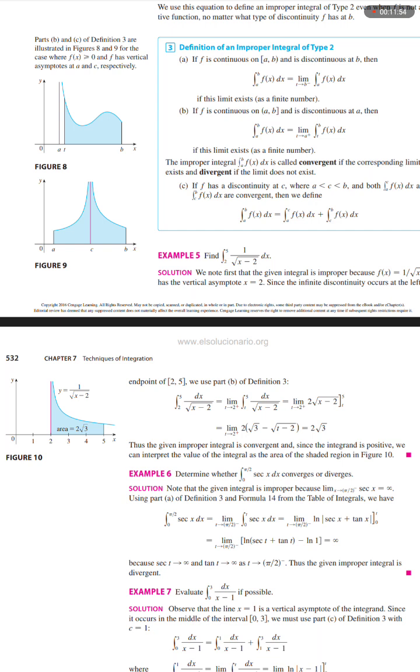Thus the given improper integral is convergent, and since the integrand is positive, we can interpret the value of the integral as the area of the shaded region in figure 10. Figure 10: the graph y equals 1 over the square root of x minus 2. The area equals 2 times the square root of 3.